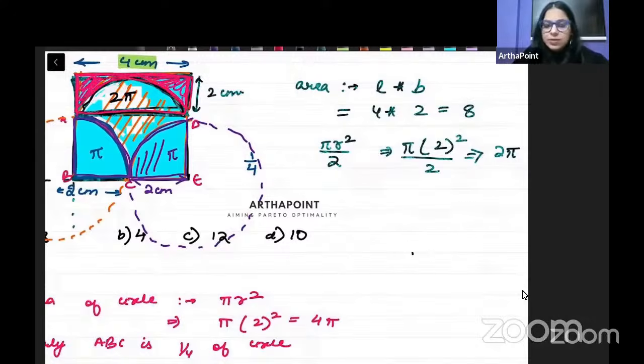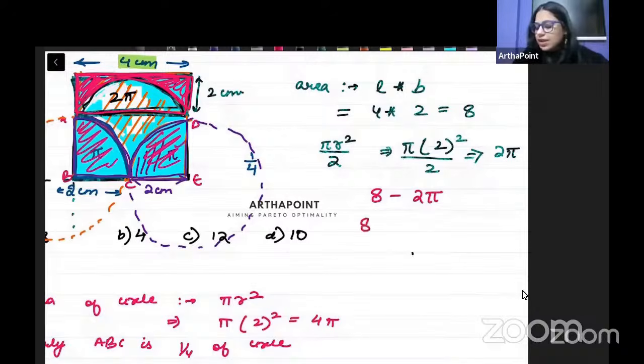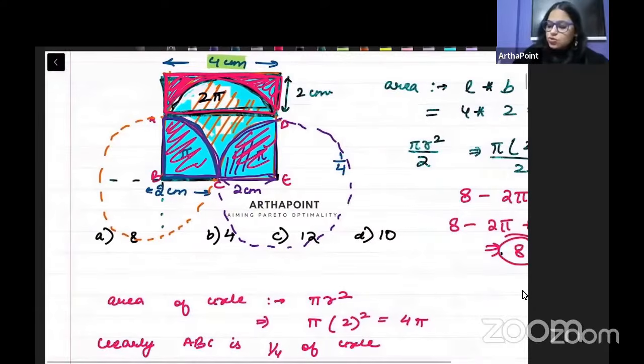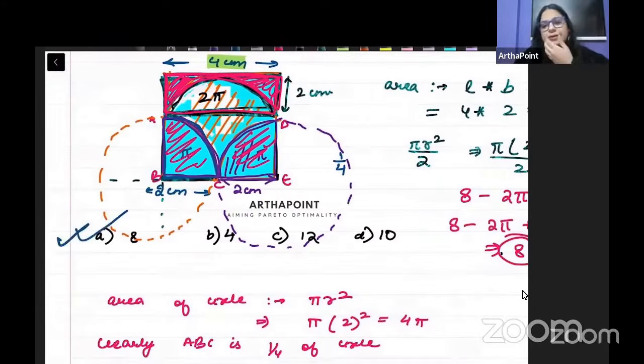Area of the rectangle minus the area of the semicircle. Now I want the total area, whatever is shaded, this also and this also. So I need to add pi of this and pi of this. So it is going to be 8 minus 2 pi plus pi plus pi. That means the answer will be 8. So the correct answer to this question should be 8.